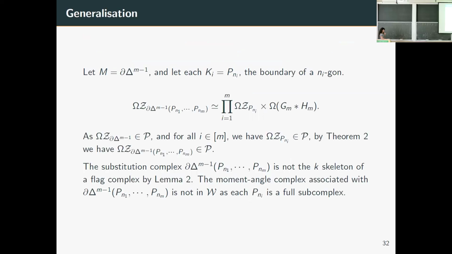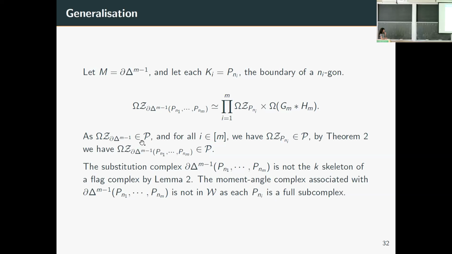And then finally, because we want to move away from these two-dimensional, three-dimensional examples, I thought I'd end on the generalization of that. So if we let M be the boundary of a simplicial complex on m vertices, and we're going to let each Ki be an eigon, then from our theorem 1, we end up with this loop space homotopy equivalence for the moment angle complex associated with that.